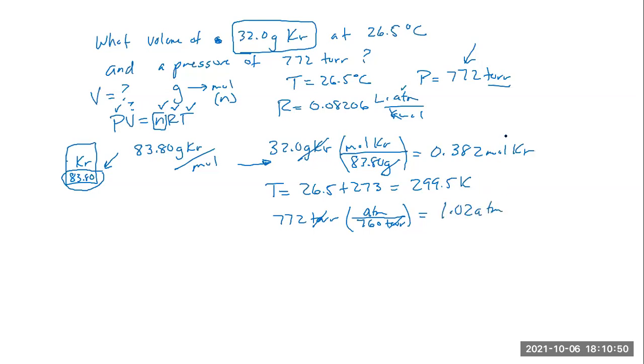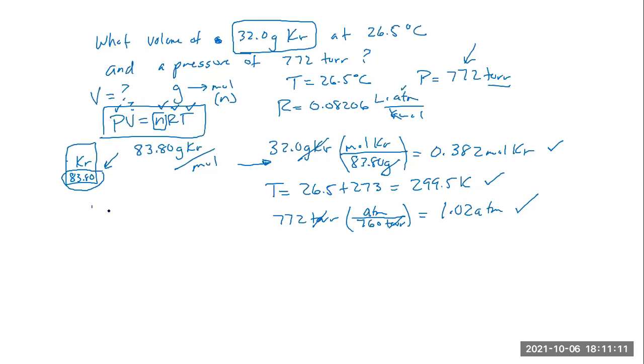So now we've got our units converted from grams to moles, our temperature converted to the right unit, and our pressure converted to the right unit. Now we are okay to use this equation because everything is in the correct units. Here we want to solve for volume.